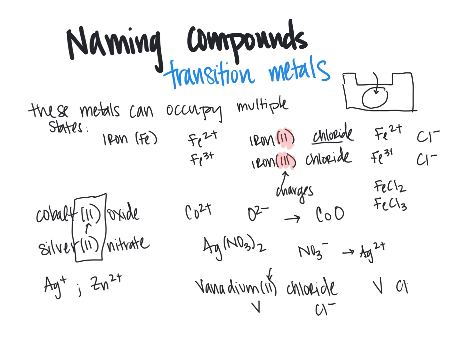It means that there are 2 charges on it. So 2+ with the Cl- tells me that it should be VCl2, so that the 2 negative charges cancel out the 2 positive charges. The Roman numerals just tell you what the charge state is. So as long as you know what the other one is, you can back calculate this.